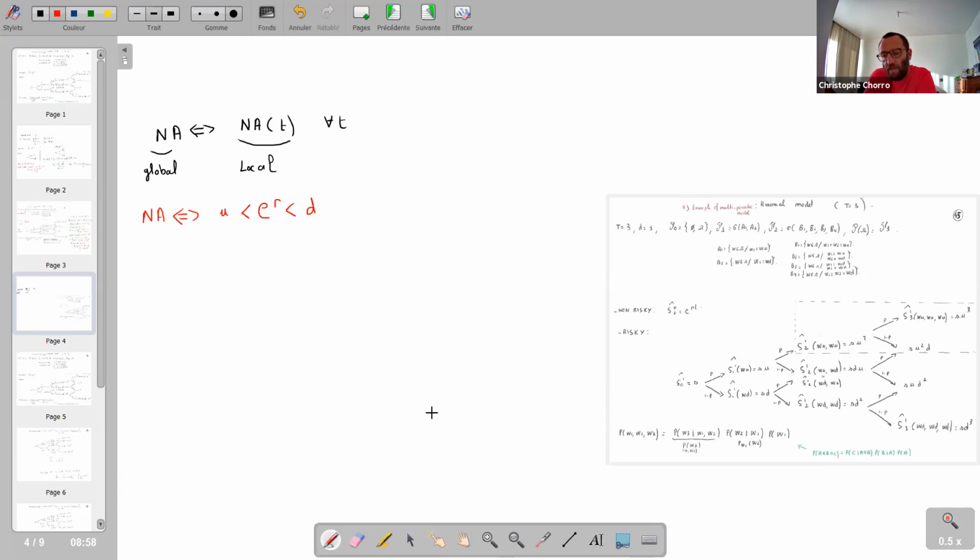So just a remark here. Suppose that I change this model a little, meaning that I suppose that here, for example, I have a U1 and a D1, meaning that my return depends on the first period. Here, for example, I can have a return on this model that is U2, D2, here U3, D3, and so on.